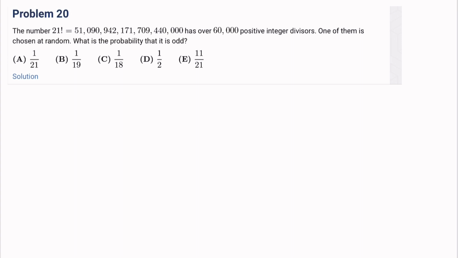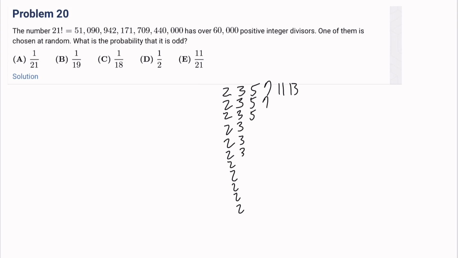And so if we factor this, first, 21 factorial starts with 1, so we don't write that down because that's just 1, and then 2, 3, 4, which is 2 squared, and 5, and 6, which is 2 times 3, and 7, which is prime, 8, which is 2 cubed, 9, which is 3 squared, 10, which is 2 times 5, 11, which is prime, 12, which is 2 squared times 3, 13, which is prime, 14, which is 2 times 7, 15, which is 3 times 5, 16, which is 2 to the fourth, because I'm running out of space, and we got to 16, right?